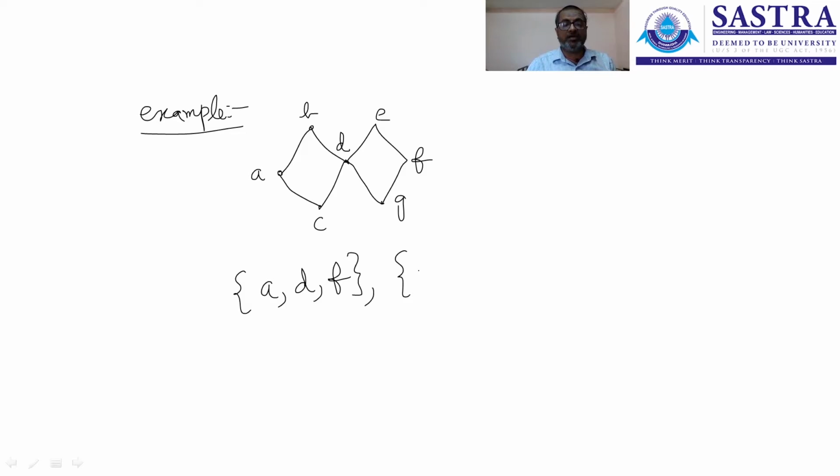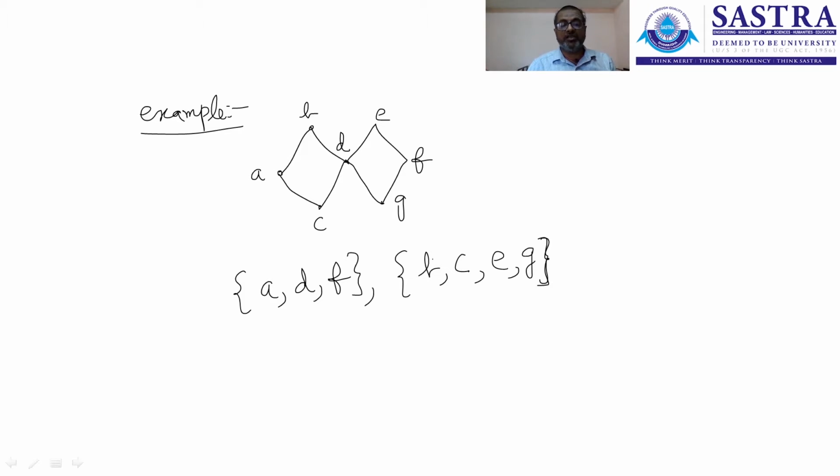Now I can have another maximal independent set, A, B, C, E and G. If you look at this, I have another set B, C, E and G. I don't have any edge incident with any two vertices here. And this is also a maximal independent set because I cannot include A in the second set.